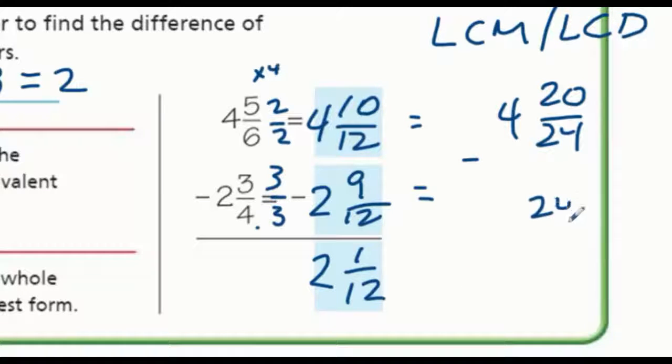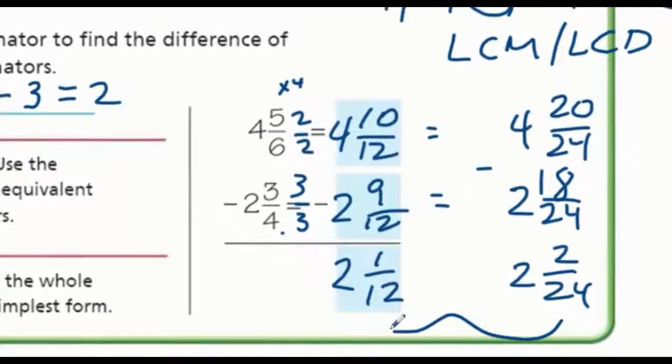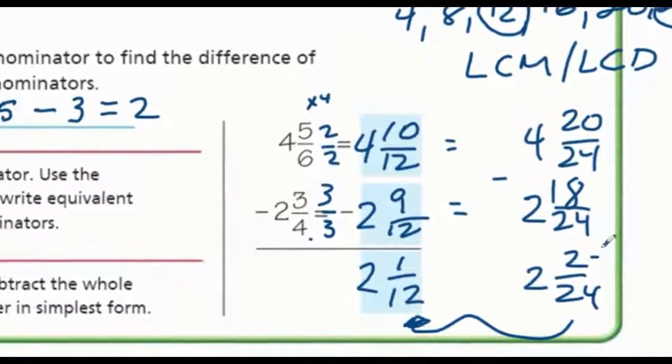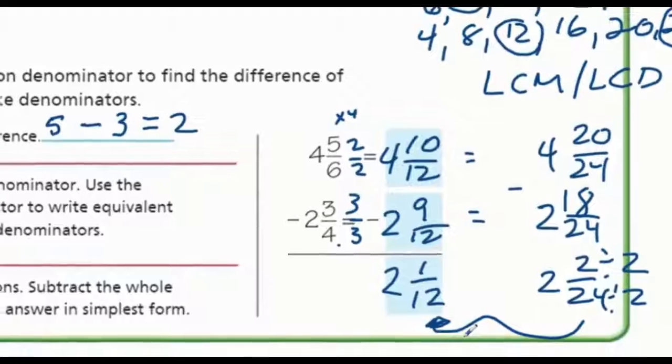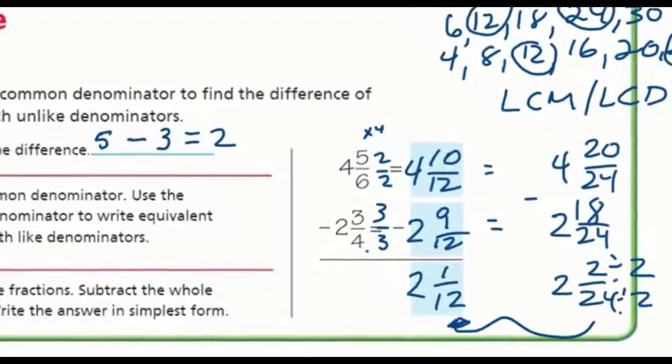And here, to get to the 24, you would have multiplied by 6, and the other one we had 18. So you would have had 2 and 18/24s. Just trying to show you that that would have ended up being 18 and 2 over 24. And then you see you could have divided out a common factor of 2. Works out the same. All right, moving on.